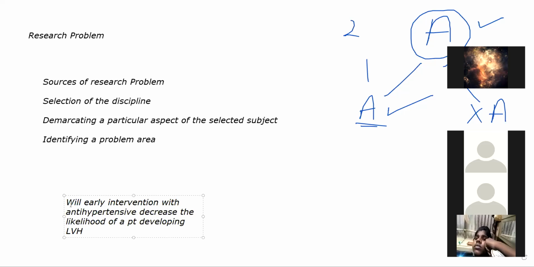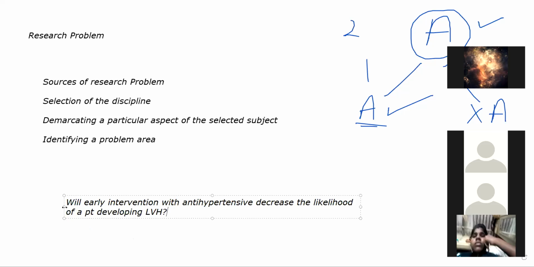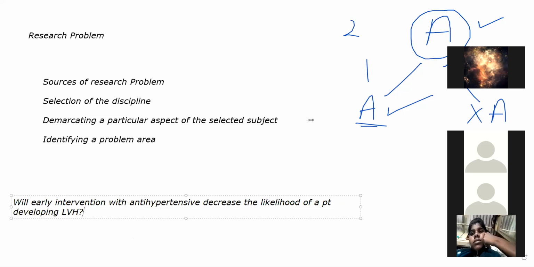Okay. Let's suppose this is the question that you are getting. Now this is a very specific question that you can answer through research.